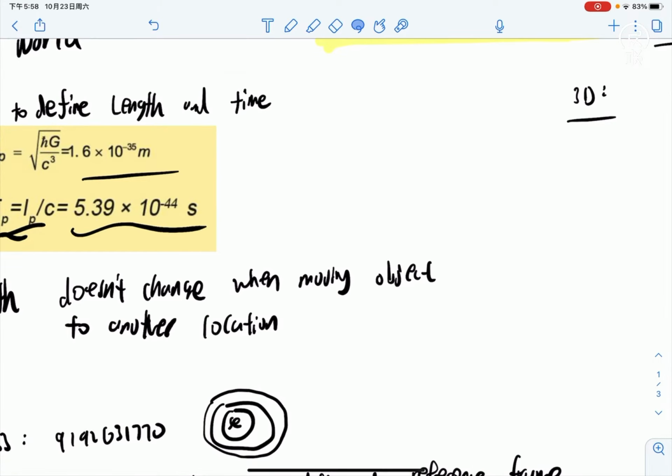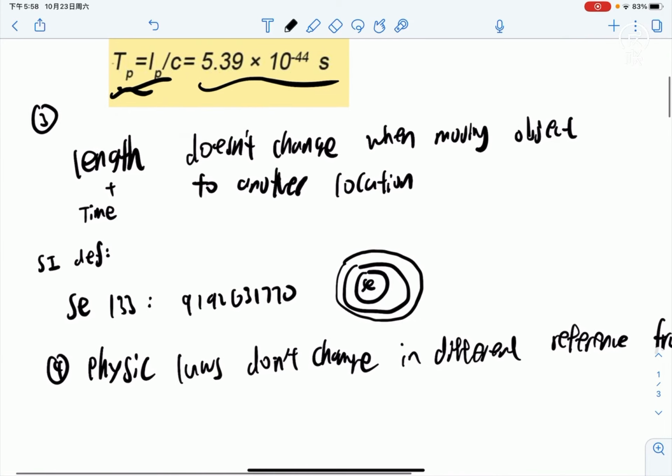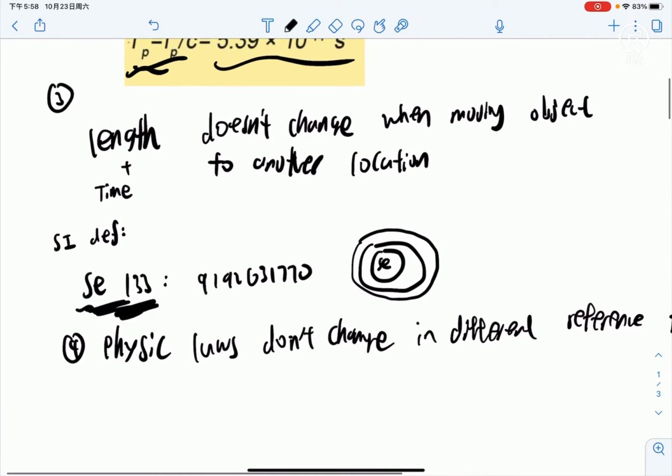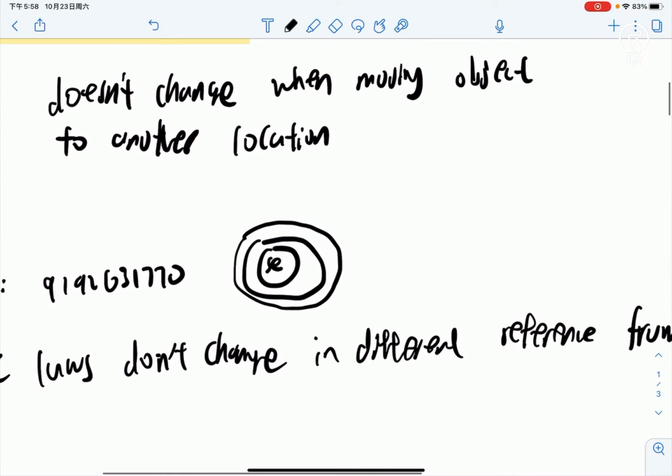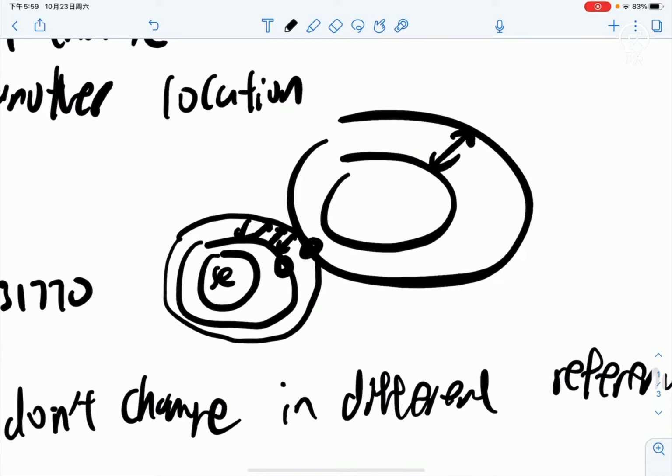But we define time using an atom. I kind of forgot what it's called. It's the electrons between different energy levels. It can jump from here to here, and here to here, just jumping between two different energy levels.